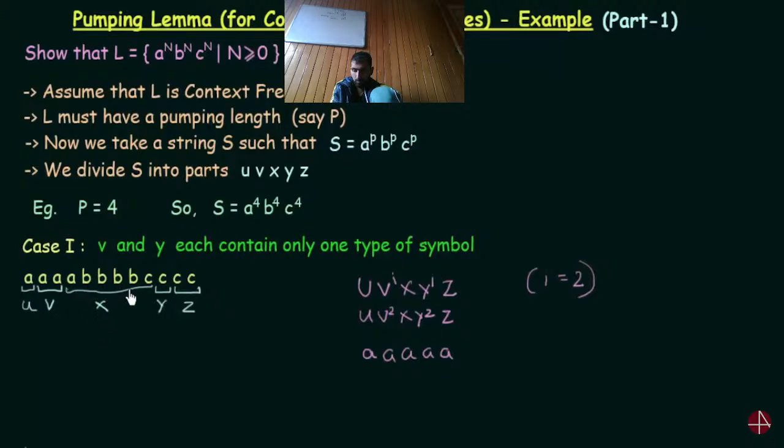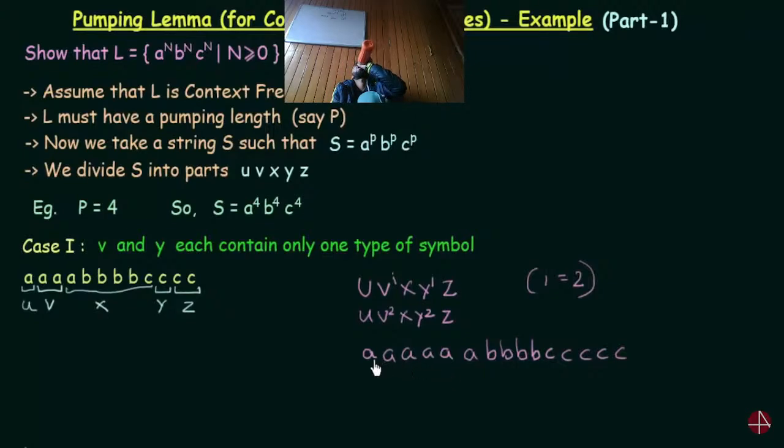A, B, B, B, B, C. And then I have y square. What is my y? Y is just 1 c, but since it is square, I have to double it, so there will be 2 c's. And then z. Z contains 2 c's over here: C, C. Alright, so this is the string that we get.